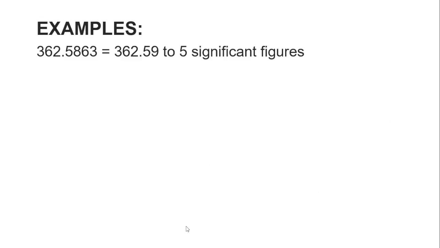Okay, so here we have some examples. The same example, but if we're going to do 5 significant figures, we are going to count numbers from left to right until we reach five digits. 1, 2, 3, 4, and 5.